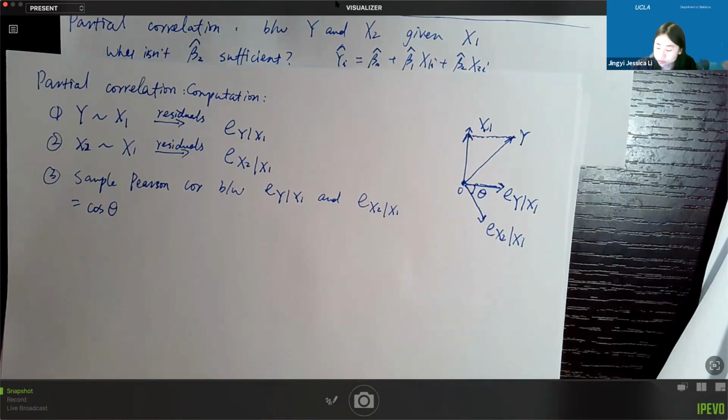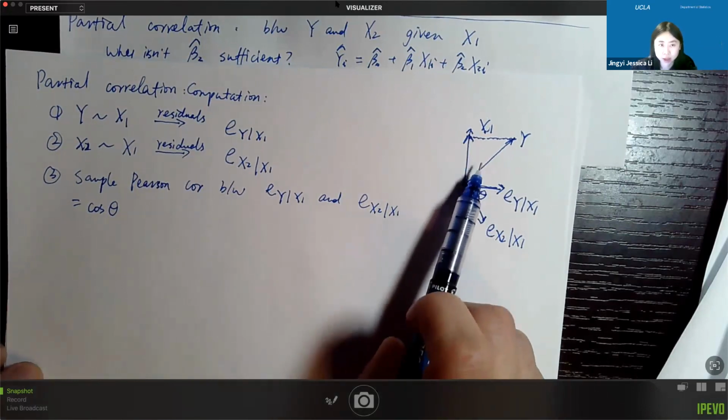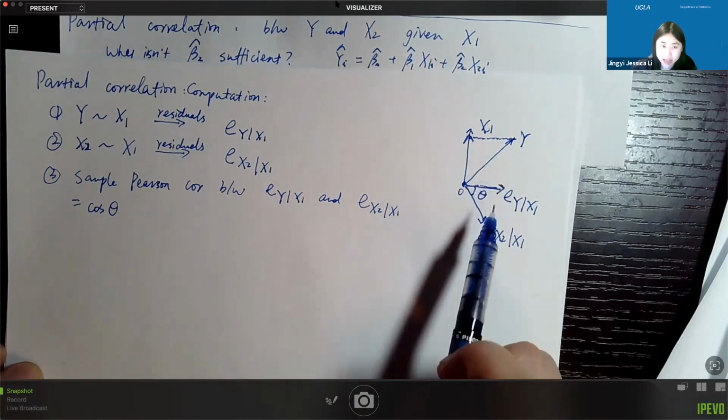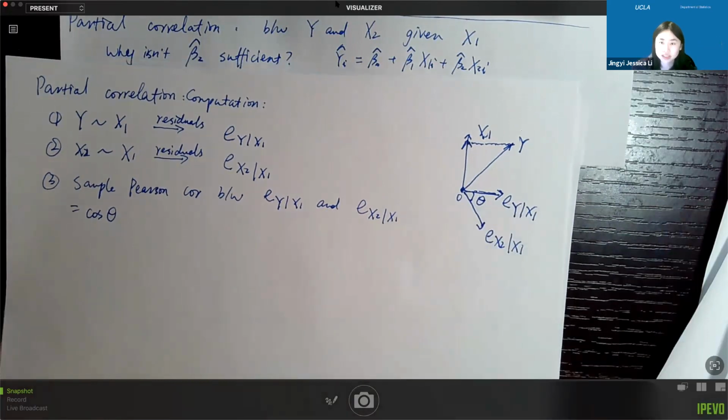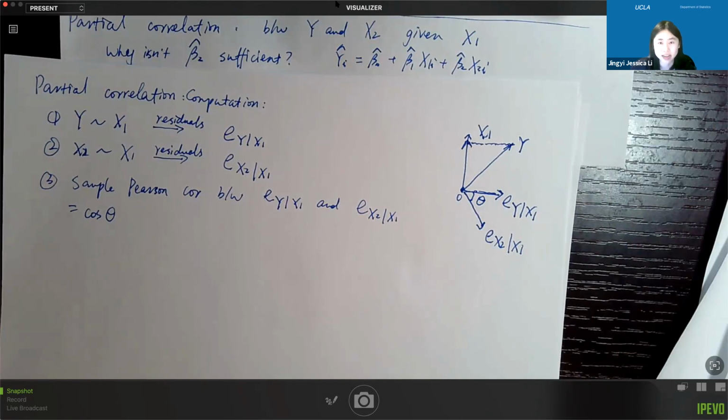But if I remove the effect of x1 from both y and x2, then I'm interested in seeing, are the two residual vectors still correlated? Because if they are, then that correlation will have nothing to do with x1. In other words, we remove the effect of x1 by doing this regression. That's why linear regression is very useful for accounting for so-called confounders in our data analysis.